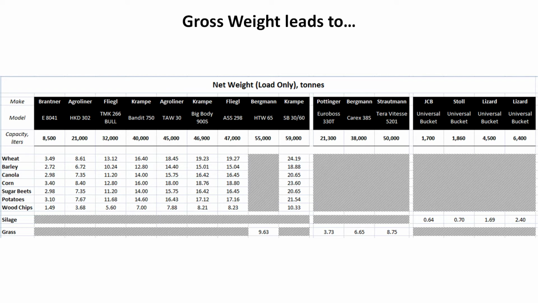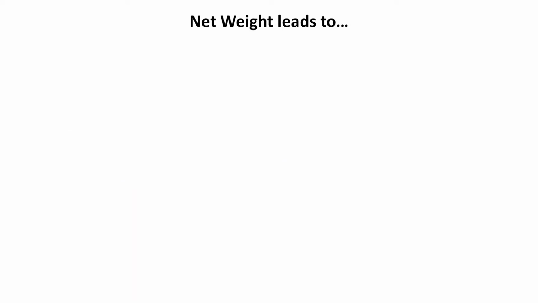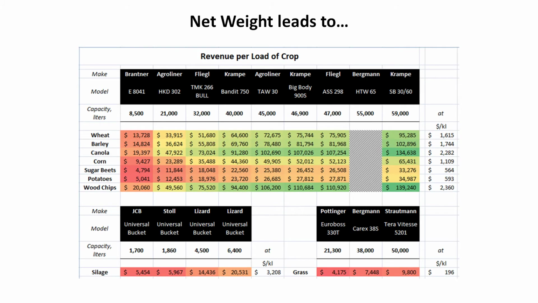Okay, so now we have, look at this, net weights of all the different crops. Handy sheet. What could you ask for anything more? But there is more. Net weight leads to revenue per load of crop. And here I've colored it in handy colors, the red being lower, green being higher. And this is how much money you can make from one load at these given prices.